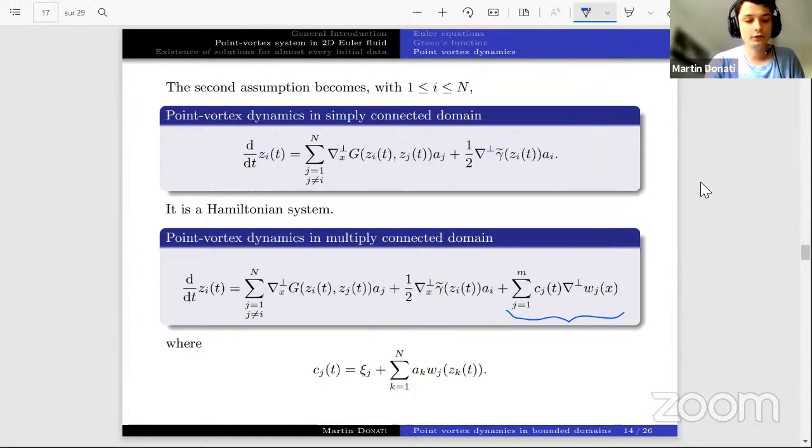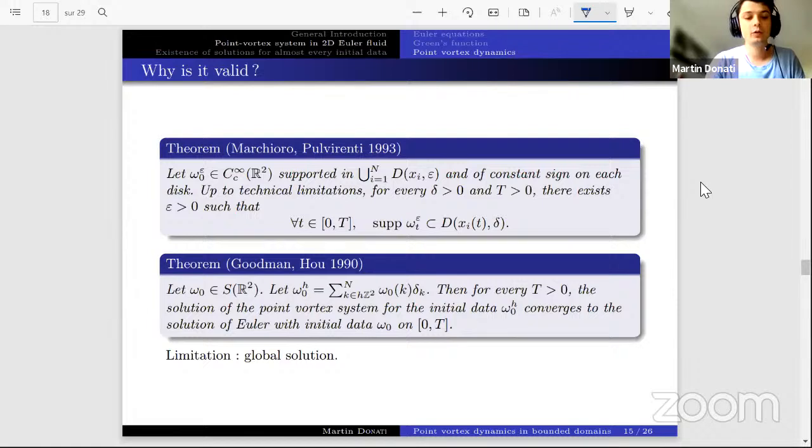So now we have introduced the point vortex dynamics. The question is, why is it valid? Because we made assumptions, we invented something. Why does it work? We have many theorems and examples, and I chose two that I think are relevant.